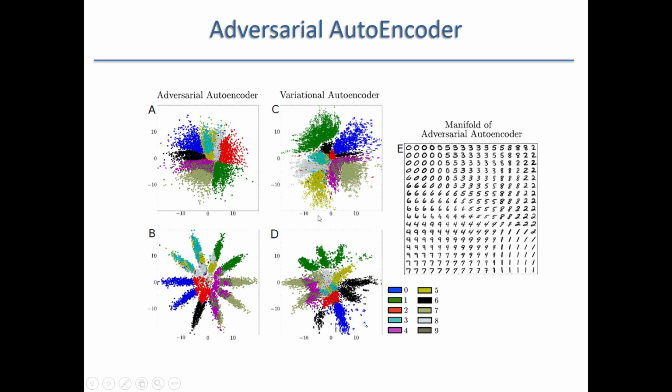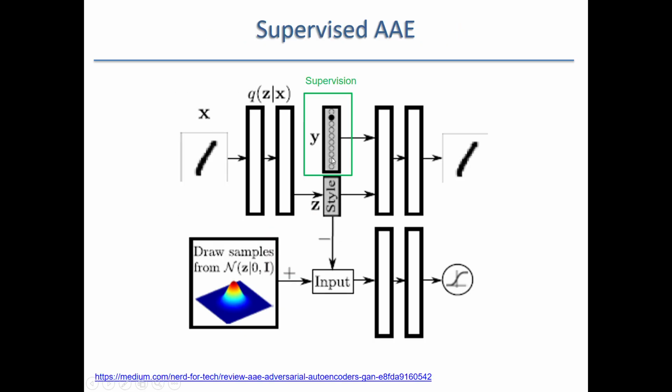It seems that it can achieve better separation of the digits, for instance. And we can combine this with supervision, so in the autoencoder, we can help with the true label, so the decoder part knows that this is a 1, and then it has to generate a 1.